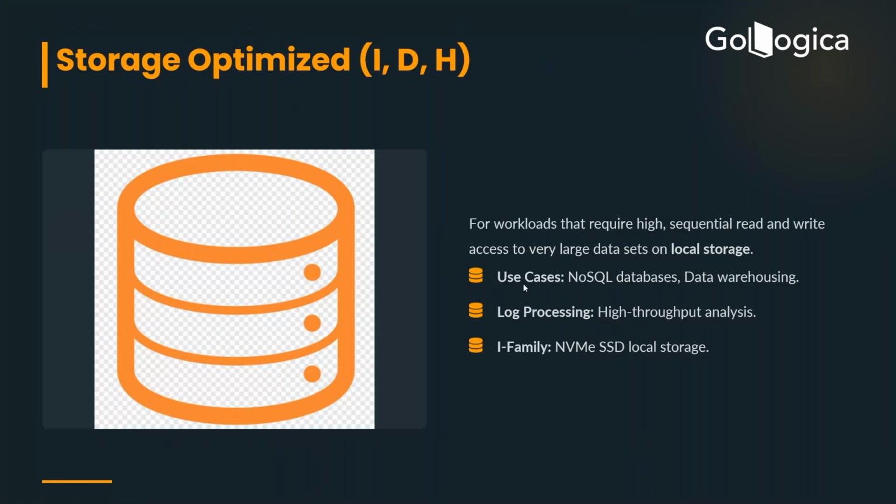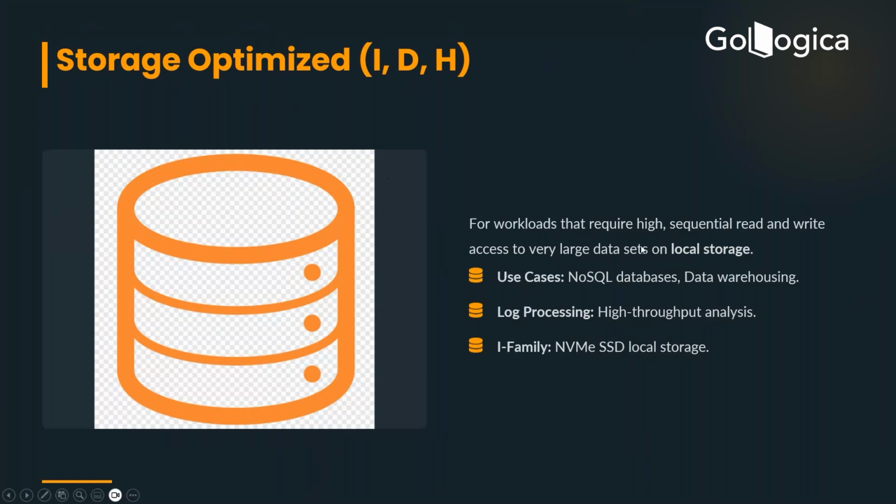Generally, when we select the instance type, other than storage optimized, we only select the CPU, RAM and network performance, but there is no option for storage. But with storage optimized, you will get storage along with your instance type. That is not available for any other instance types.